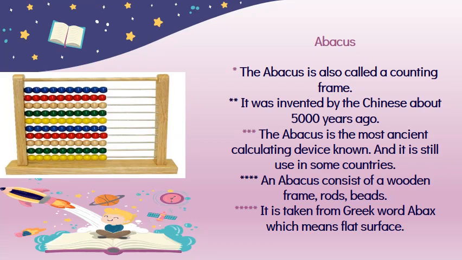Abacus. Abacus was the first calculating device, called a counting frame. It was invented by the Chinese about 5,000 years ago. An abacus consists of a wooden frame, rods, and beads. The abacus was used to do calculations like addition and subtraction. Abacus is taken from the Greek word abax, which means flat surface.